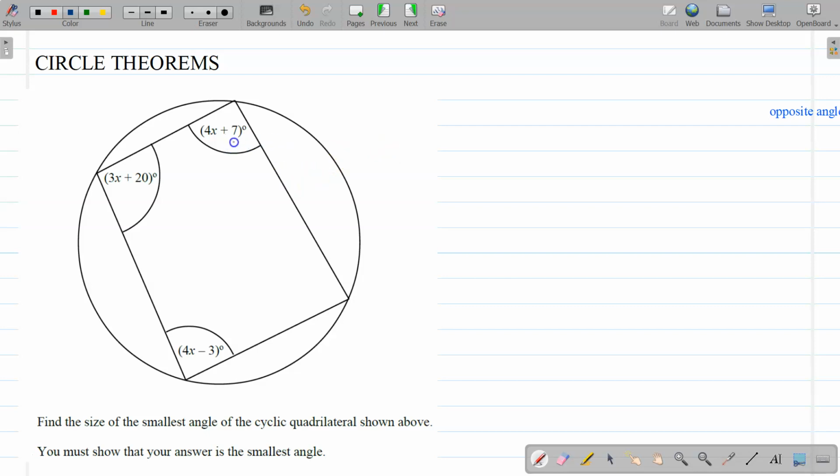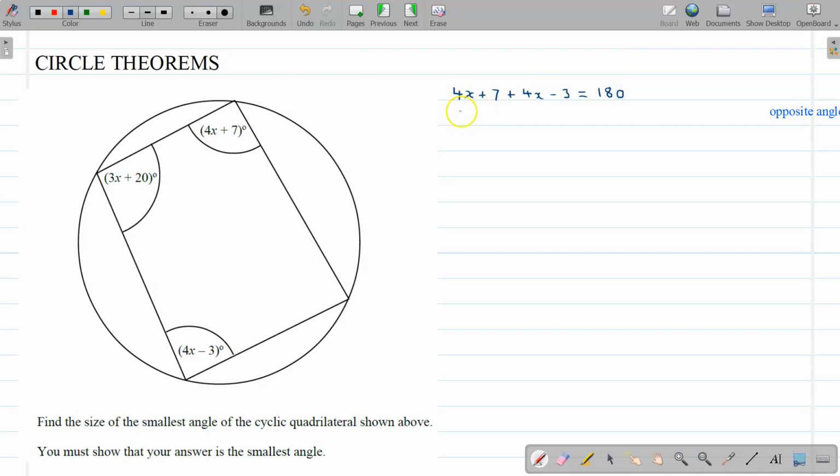And in that situation, opposite angles add to 180 degrees. So we begin by saying that 4x plus 7, that's the angle at the top, plus the one opposite, which is 4x minus 3, add together to give 180. So we're going to form an equation and solve it to find x first of all.